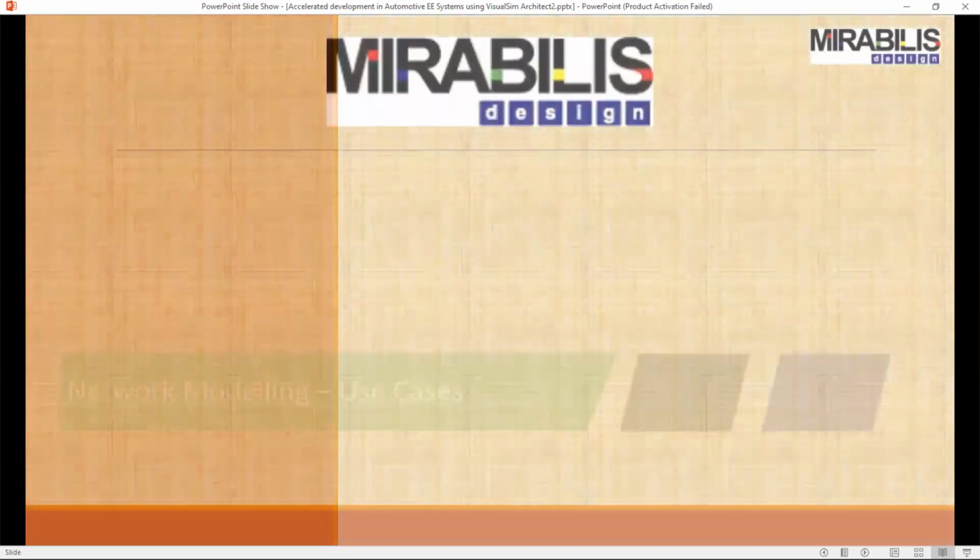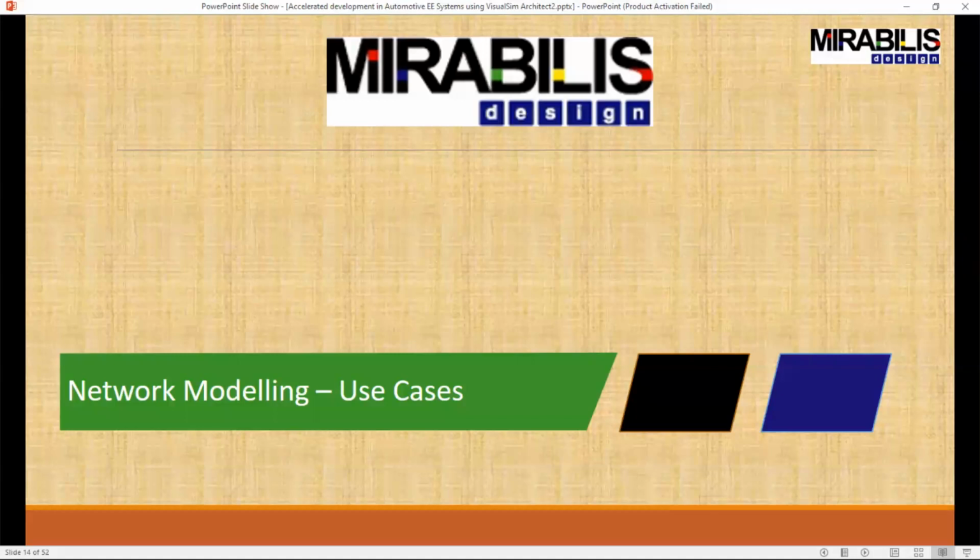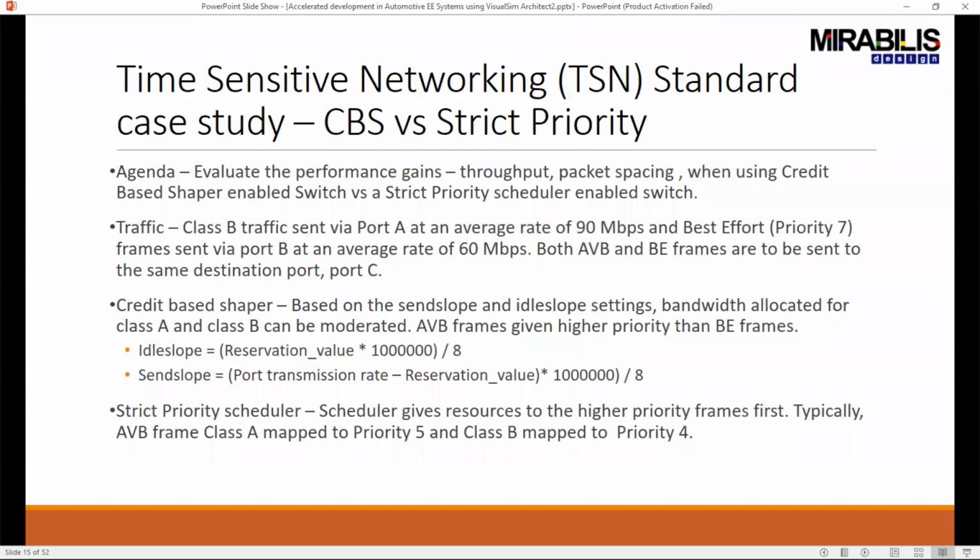So we'll be starting off with the network modeling use cases. The very first use case that we have selected is related to the very promising time-sensitive networking standard case studies, which include credit-based shaper versus strict priority.